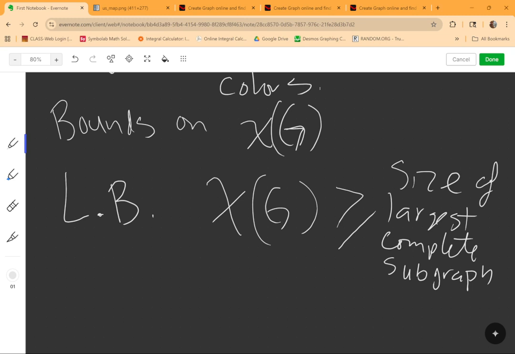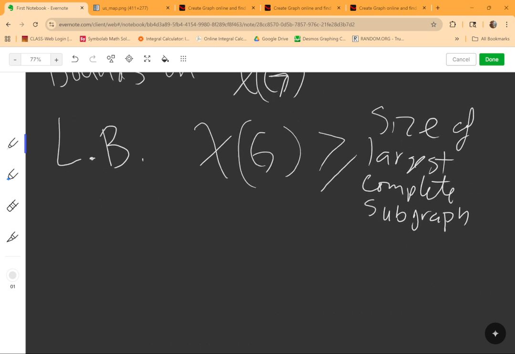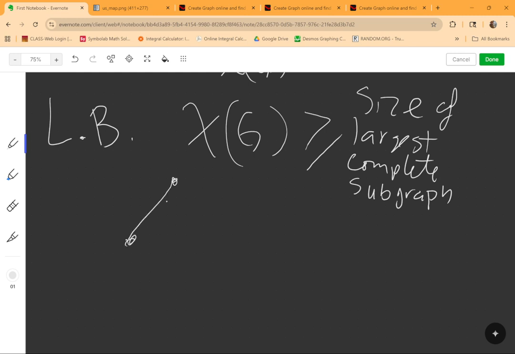What that means is, if you see a triangle, that is a complete subgraph, so we need at least 3. And if you have a triangle with a 4th vertex connected to all three, minimum 3 for the triangle, but then within this we need minimum 4. So that's the lower bound.